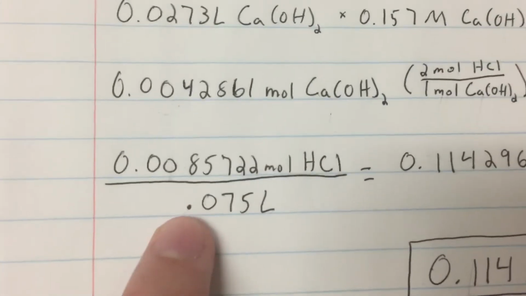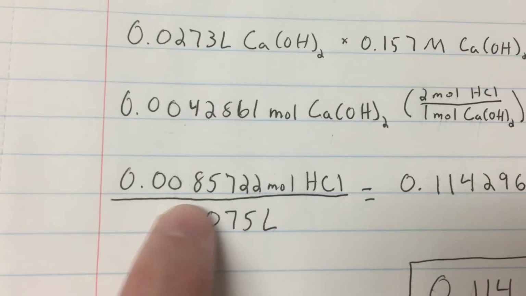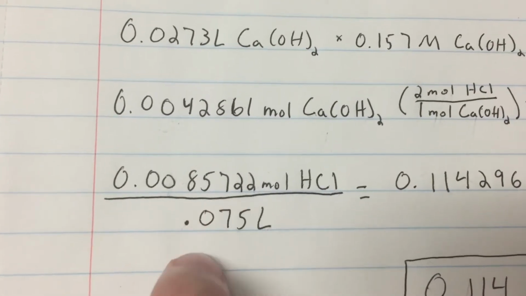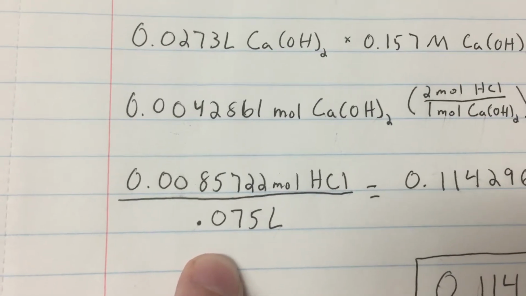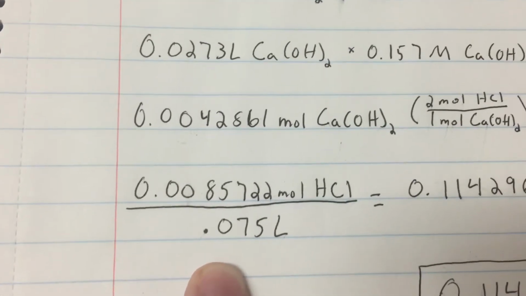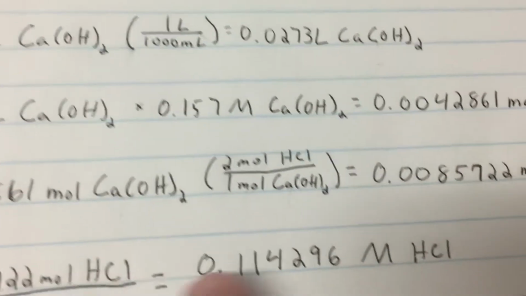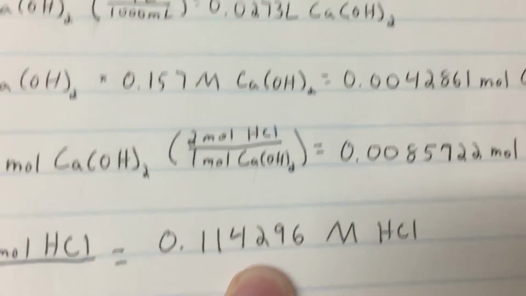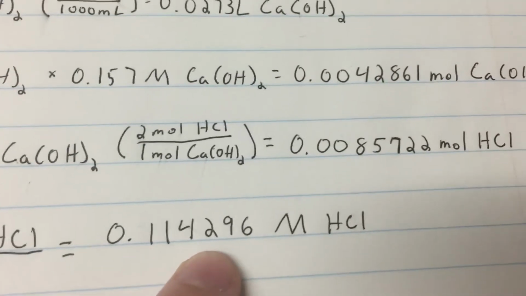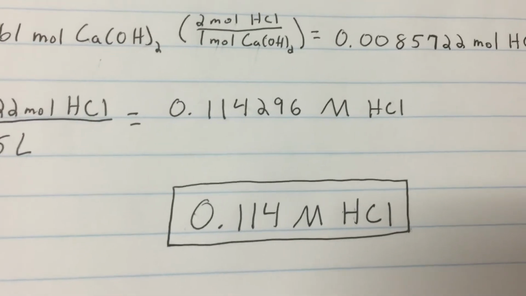So, down here we take the moles of hydrogen chloride, 0.0085722, divided by the original given volume, which was 75 milliliters, or 0.075 liters, and that will give us a concentration of 0.114296, or as we can say, just a concentration of 0.114.